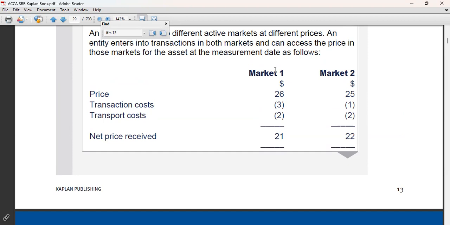If there is no principal market, we are looking at the most advantageous market. Which of these two markets is most advantageous? Market two. And if it is market two, what will be the fair value at market two? It will be 23. Yes, exactly.